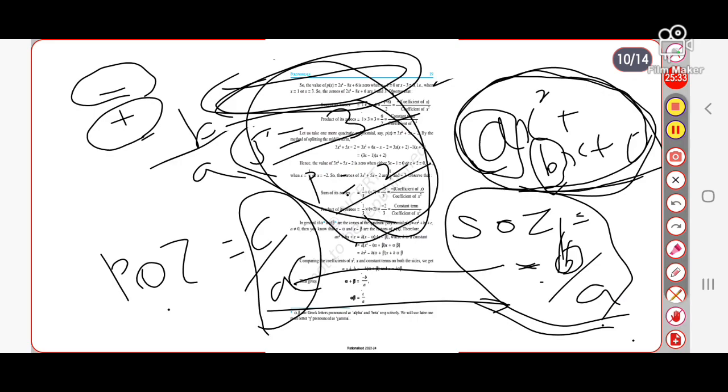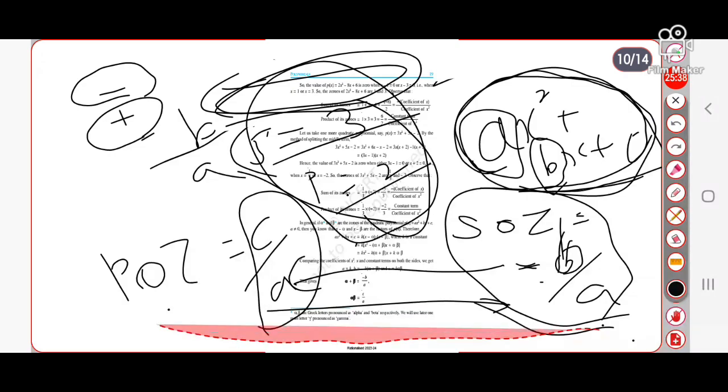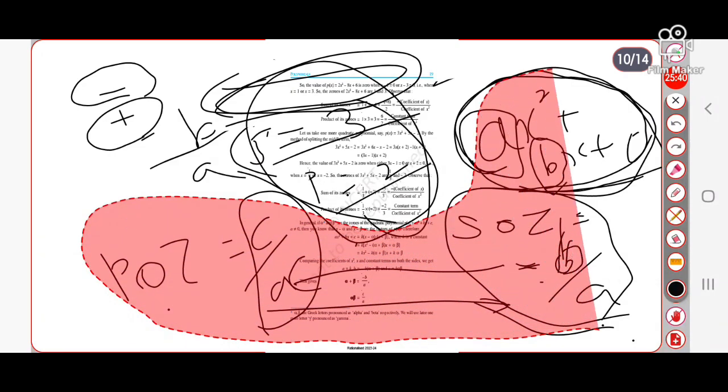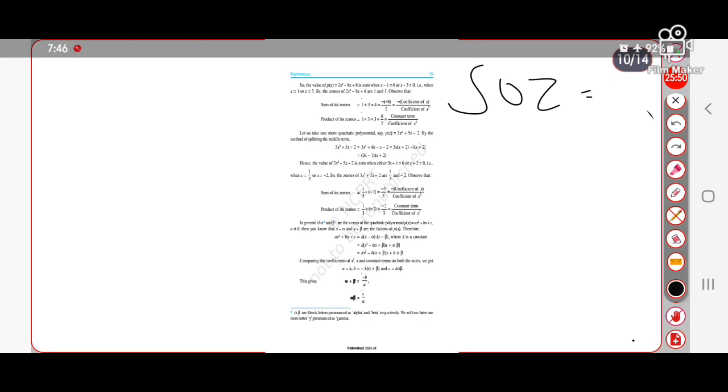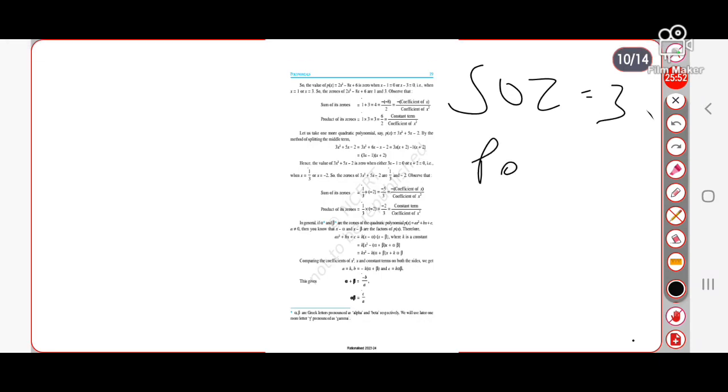What is that? We'll just erase this. I'll tell you again, don't worry. The sum of zeros is 3, and let the product of zeros be 2. I think we studied this in younger classes.